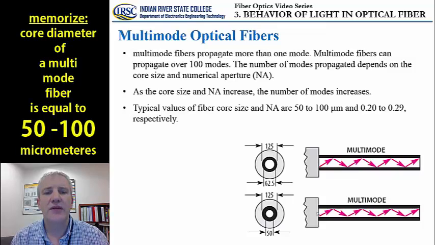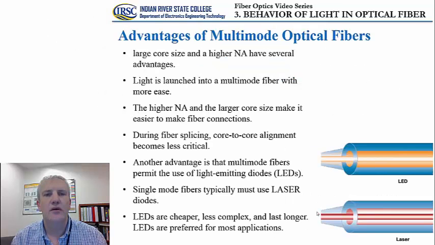Typical values of the fiber core size are 50 to 100 micrometers, and typical values for the numerical aperture are between 0.2 and 0.29. Let's talk a little bit about the advantages of multi-mode optical fibers. Obviously, larger core size and higher numerical aperture result in several advantages.